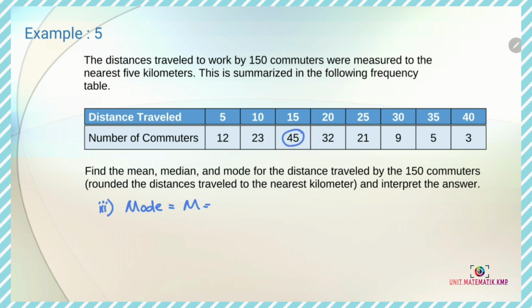So for the number of commuters 45, then the distance travelled is 15 kilometers. And we can interpret the mode is the most of the commuters travel 15 kilometers.